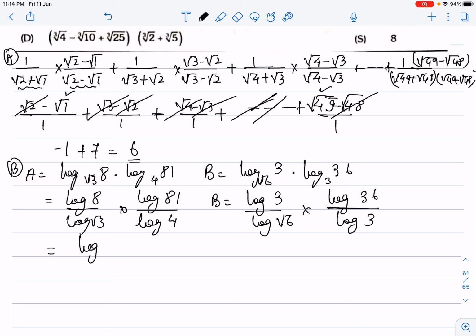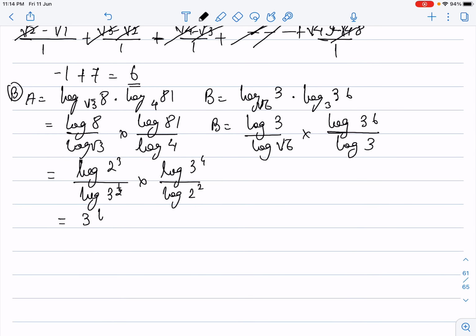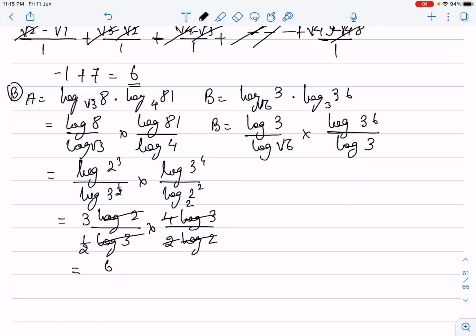We'll be writing log of 2 cube divided by log of 3 to the power 1 by 2, multiplied by log of 3 to the power 4 divided by log of 2 square. So we'll write it like 3 multiplied by log 2 divided by 1 by 2 times log 3, multiplied by 4 multiplied by log 3 divided by 2 times log 2. So log 2 will be cancelled with log 2, log 3 will be cancelled with log 3, 2 will be cancelling 4 over here. We'll be getting 6 multiplied by 2, that is 12.